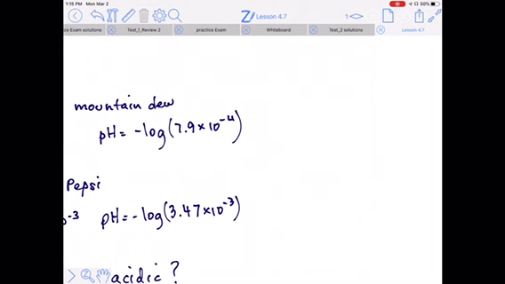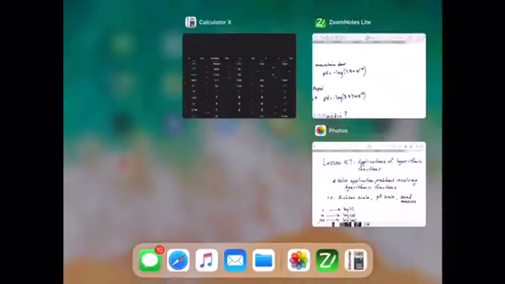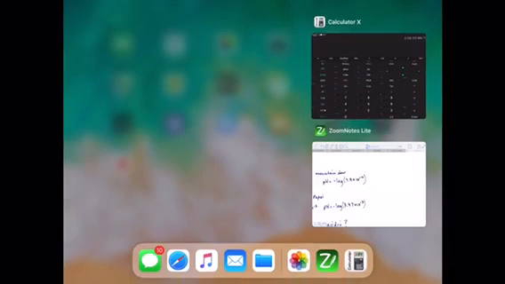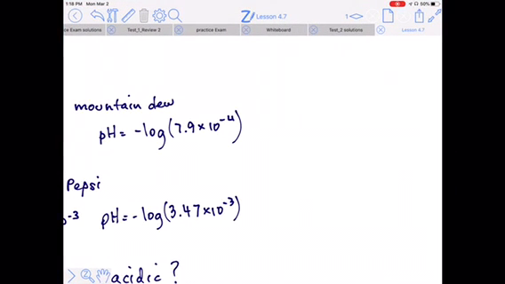Continuing this on, really at this point, it's just a calculator problem to finish this off. So we need to get the calculator: negative log of 7.9 times 10 to the negative 4. That's approximately 3.1.